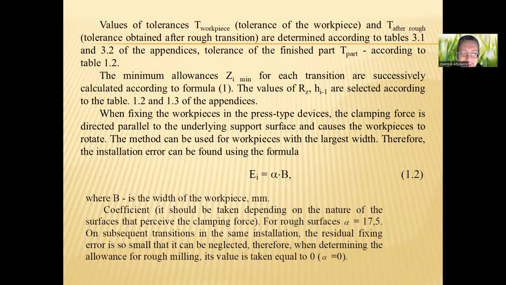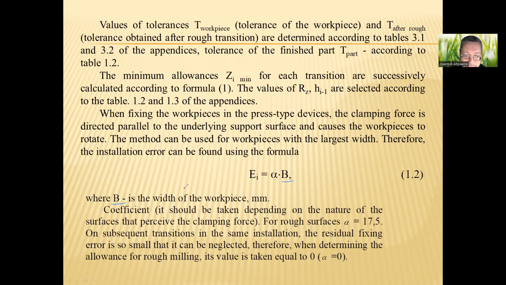Therefore, the installation error can be found using formula 1.2: E sub i is equal to alpha multiplied by B. In this formula, B is the width of the workpiece.